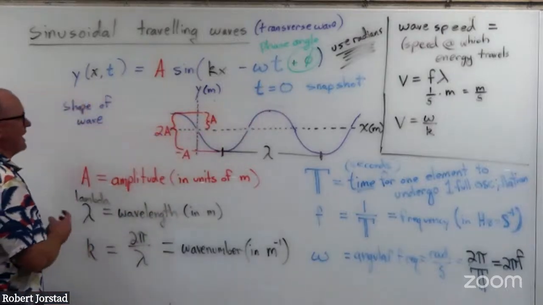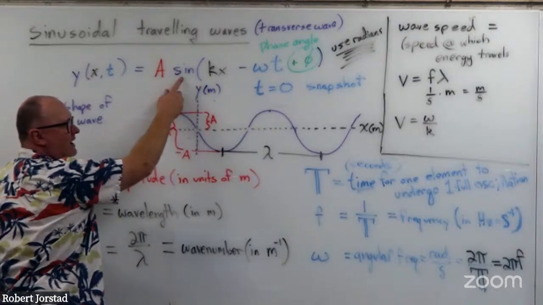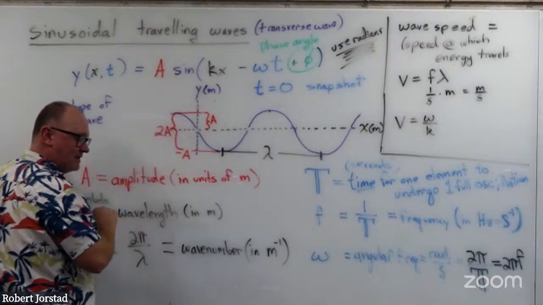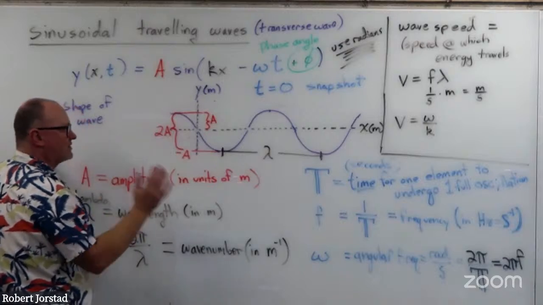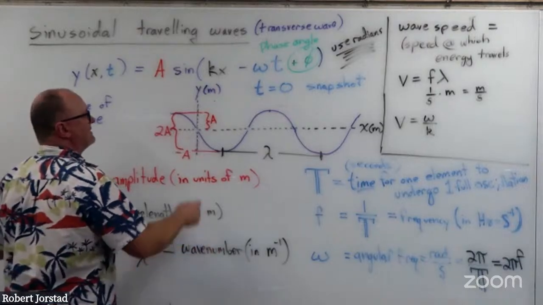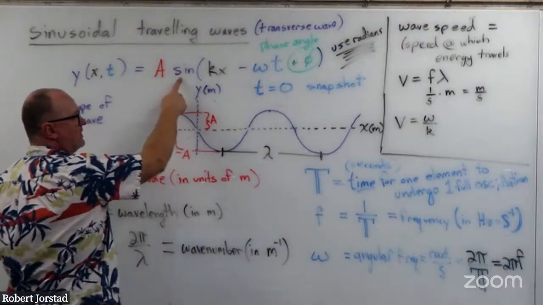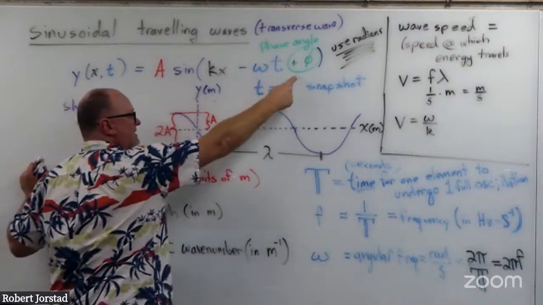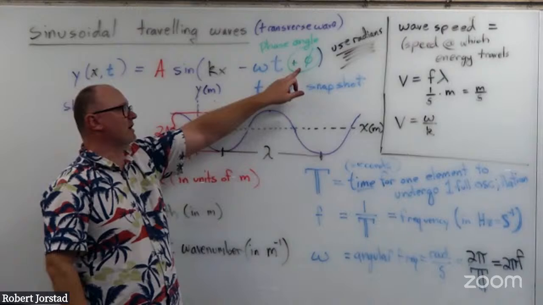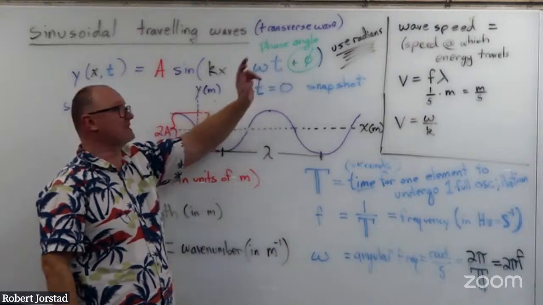So we're using a sine wave for our waves, and we're using a cosine function for our oscillations chapter. That's how I'm going to try and keep them straight on the equation sheet. But the point is you can switch a sine wave to a cosine wave by adjusting the phase angle. So you can pick any starting point you want. We'll do more examples on phase angles later.